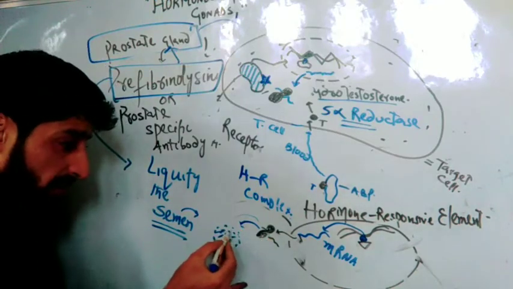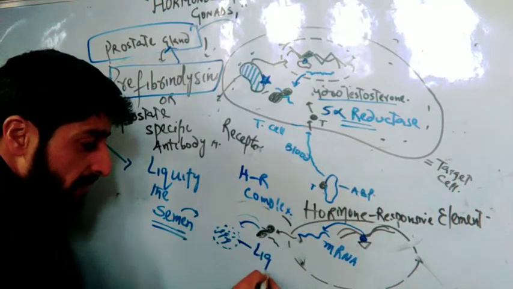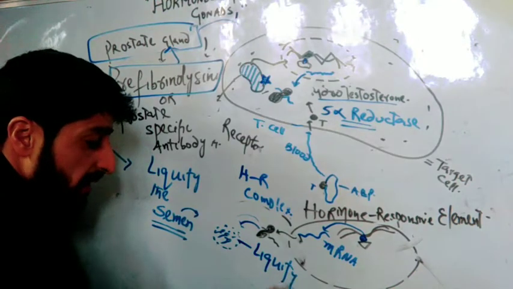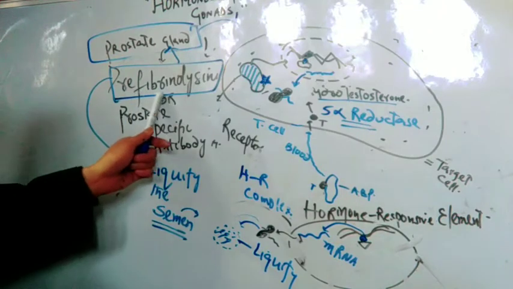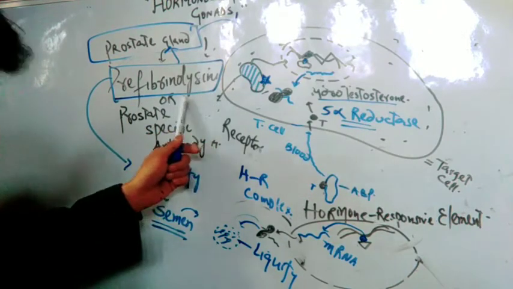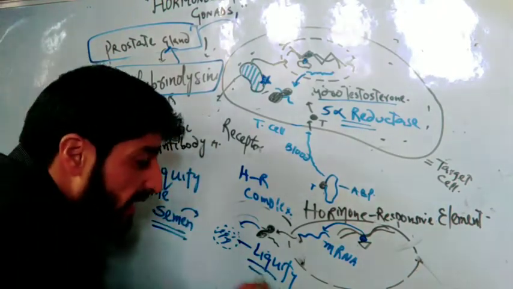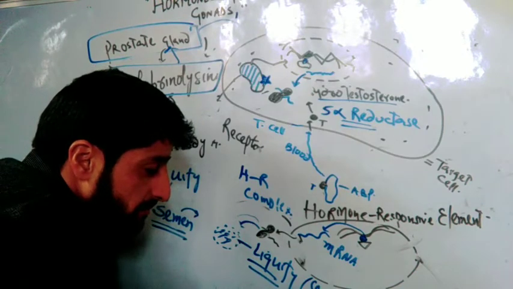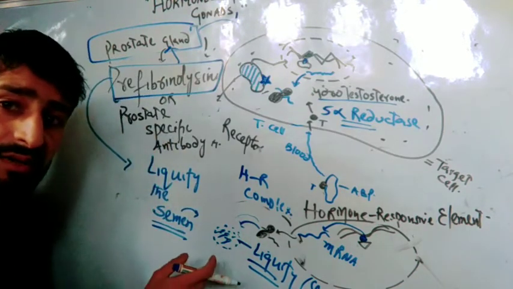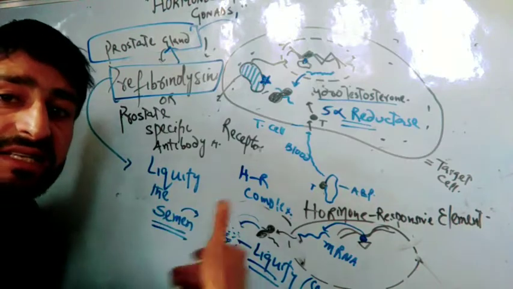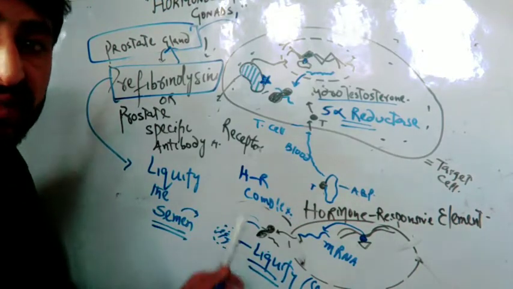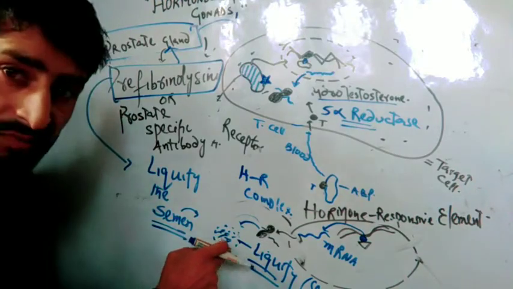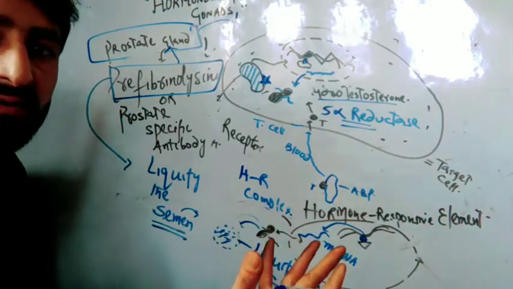So this semen should first of all liquefy. It is this protein that you call prefibrinolysin that liquefies the semen, so that sperms can easily move in the female reproductive system, so that the sperm cells can fuse with the egg and zygote formation occurs.